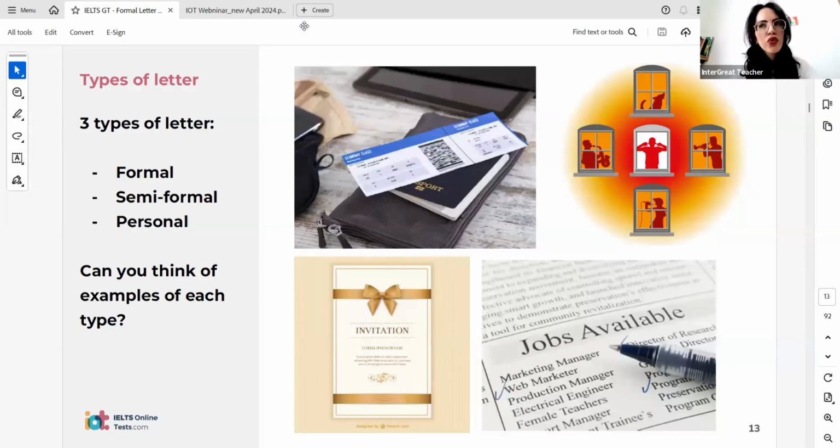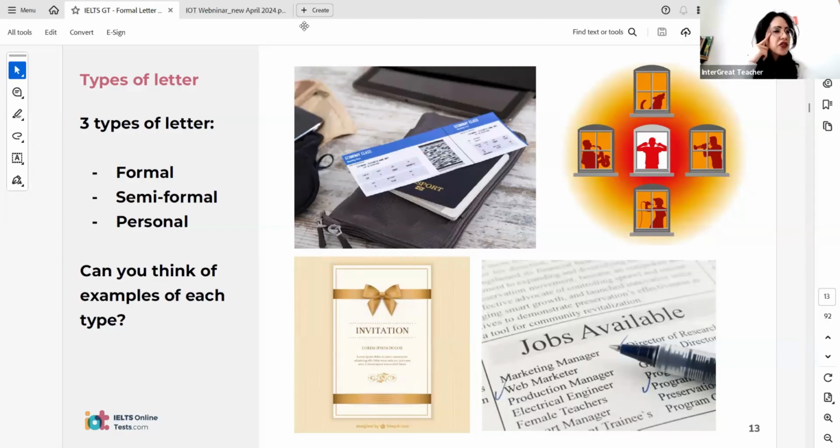And what kind of, okay, I'm gonna skip the second one. What kind of letter would be informal or personal? Exactly, to your parents, to your friends, to your family members.